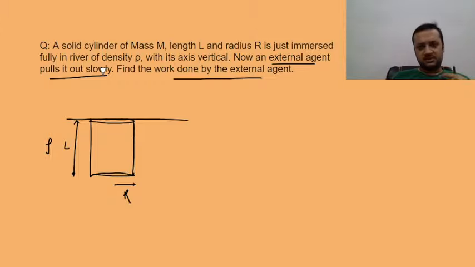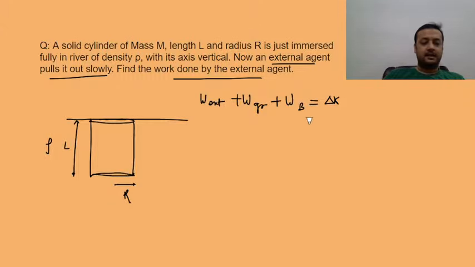So work done by the external agent plus work done by gravity plus work done by the buoyancy force equals delta K, which is simply 0.